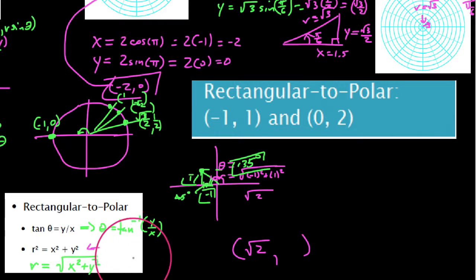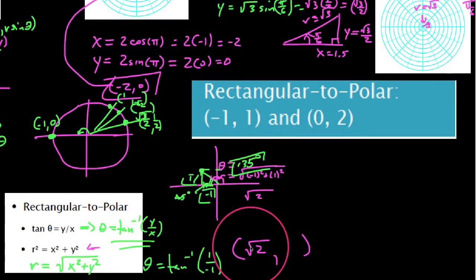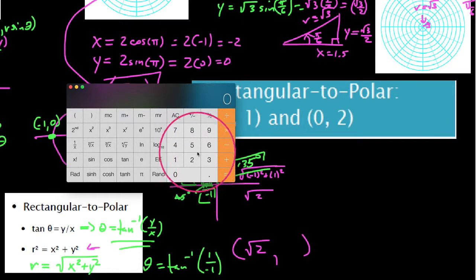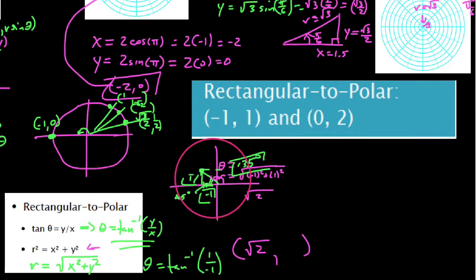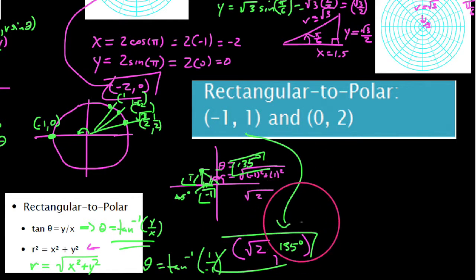So theta is equal to the tan inverse of our y value 1 over our x value negative 1. If you turn on your calculator, we get negative 45. Basically, what it's telling us is the reference angle over here is 45. So again, this is 135 here. So that point, negative 1, 1, could be written this way.